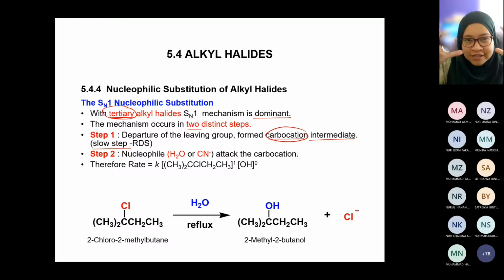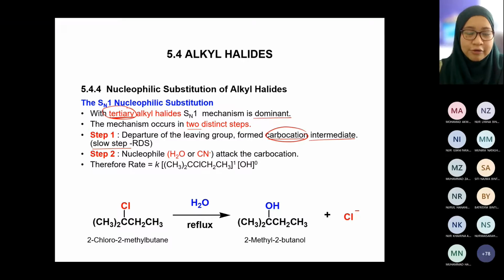Tapi kita boleh create surrounding ataupun environment supaya dia stress. Okay, supaya dia stress dan dia sendiri akan leave the company. So that is example lah, contoh yang saya boleh bagi. Okay, so this is what it meant by departure of the leaving group in order to form carbocation.